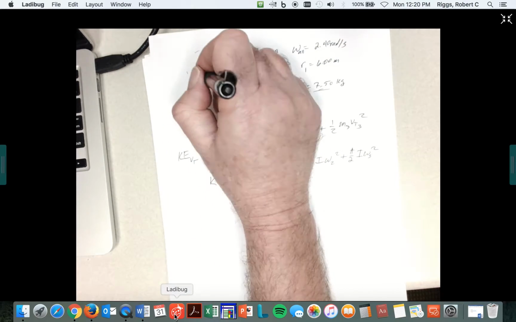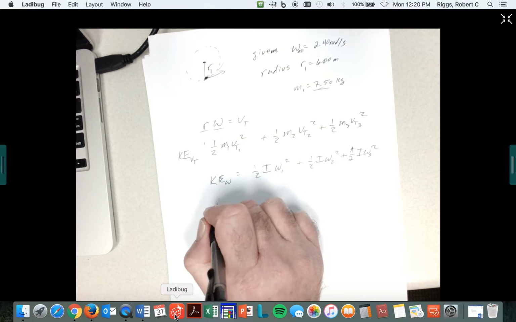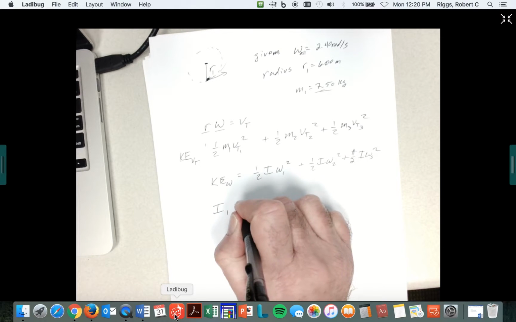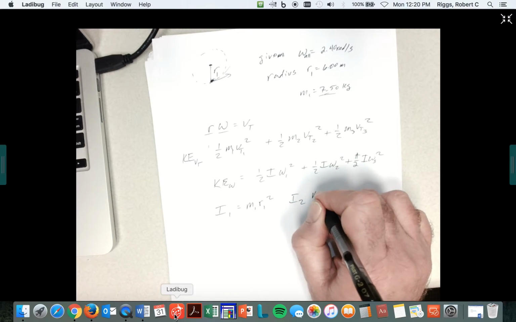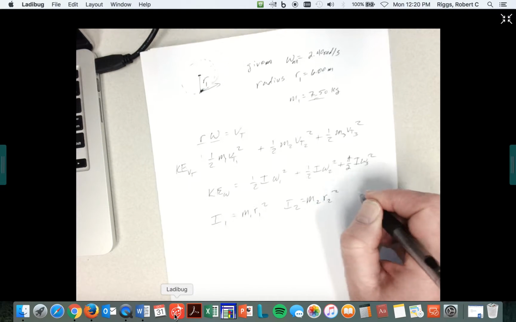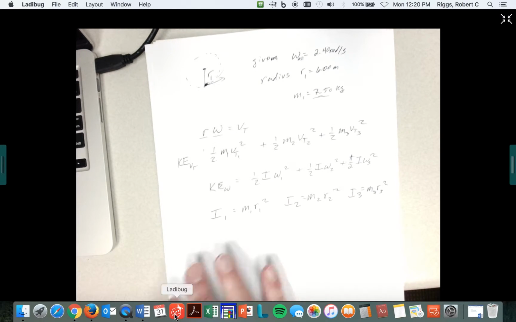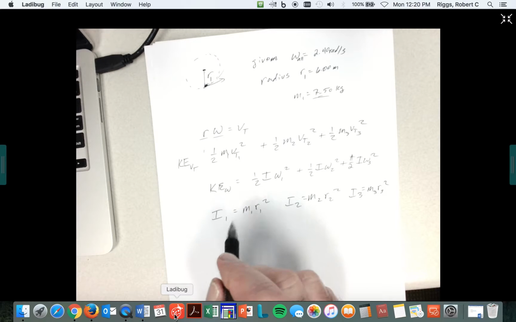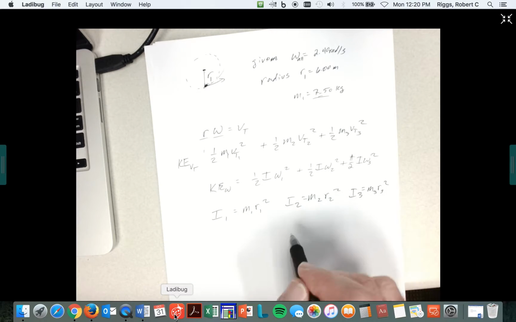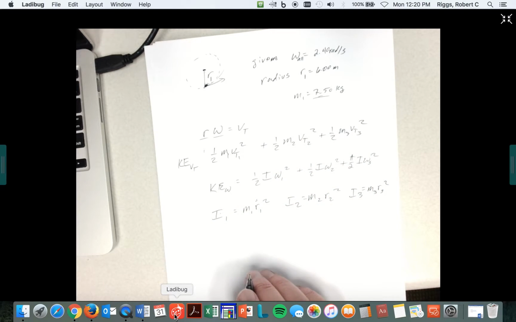They just made the assumption that this is just three objects going about this axis, and so I1 is equal to the mass of 1 times r1 squared, I2 is equal to the mass of 2 times r2 squared, and I3 is equal to the mass of 3 times r3 squared. So yeah, it's a long accounting type problem, but when you go through the practice of doing this, write these down. Don't just sit there with your calculator and go digit number. No, actually practice, because this transfers it to your brain.